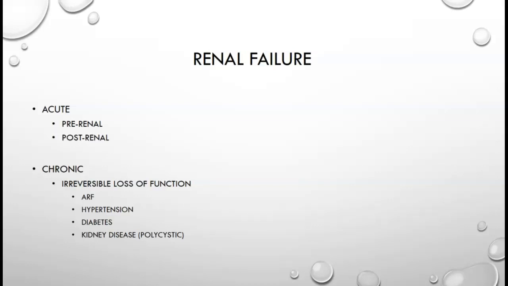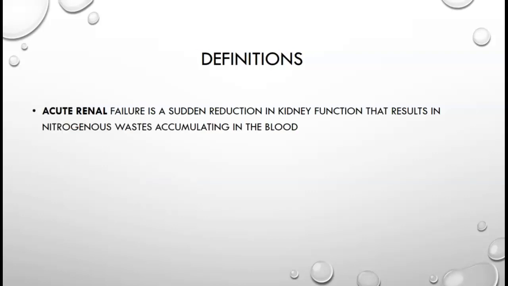So the biggest causes of chronic renal failure are acute renal failure, which kind of makes sense, hypertension, diabetes, and then kidney disease, such as polycystic kidneys, some kind of kidney obstruction, that sort of thing.